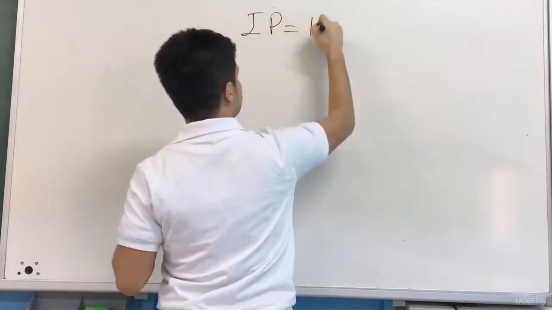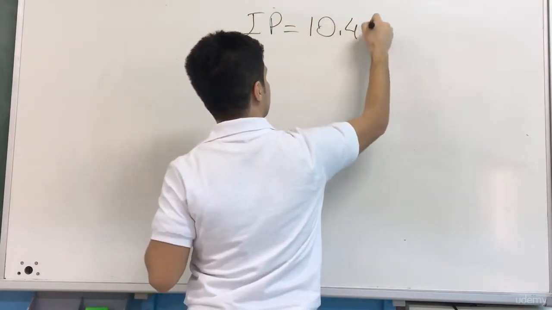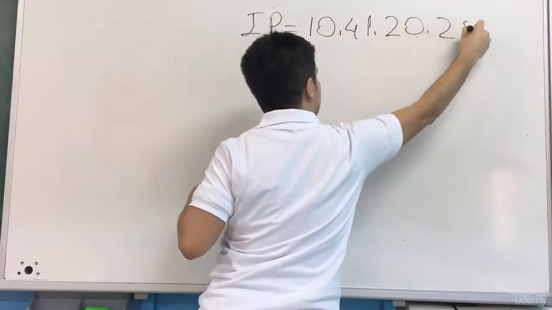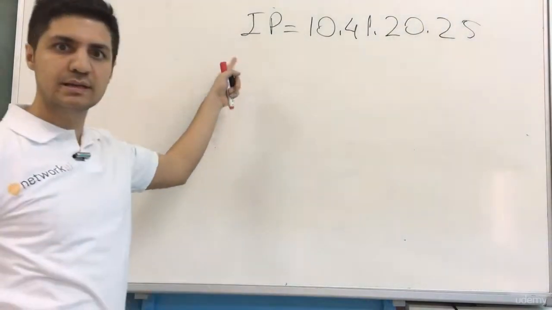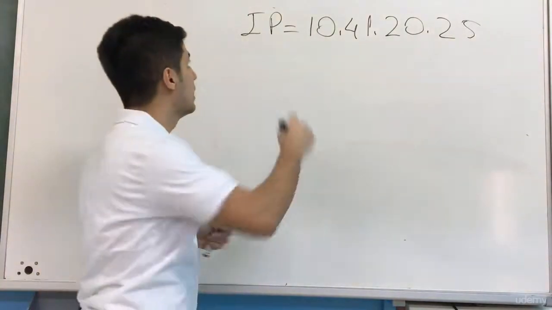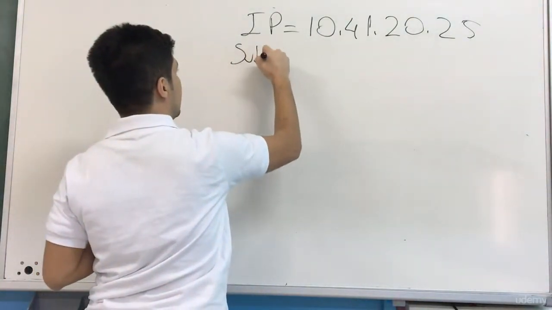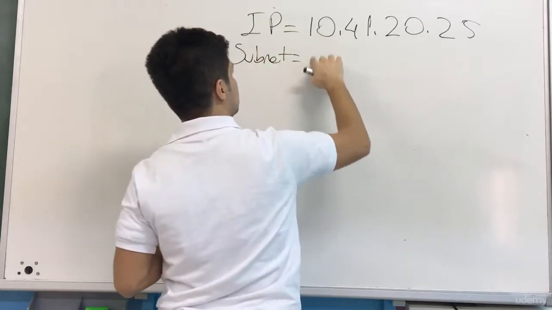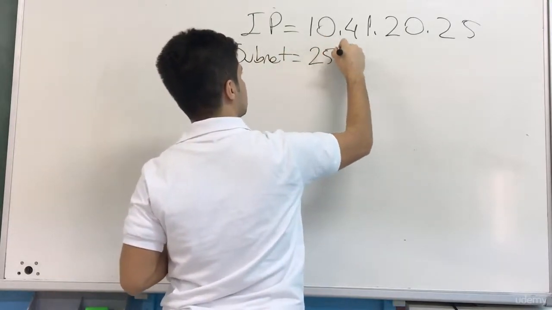I'm going to make you an example. We have an IP address and we are going to make our subnet mask, and that's our subnet mask.